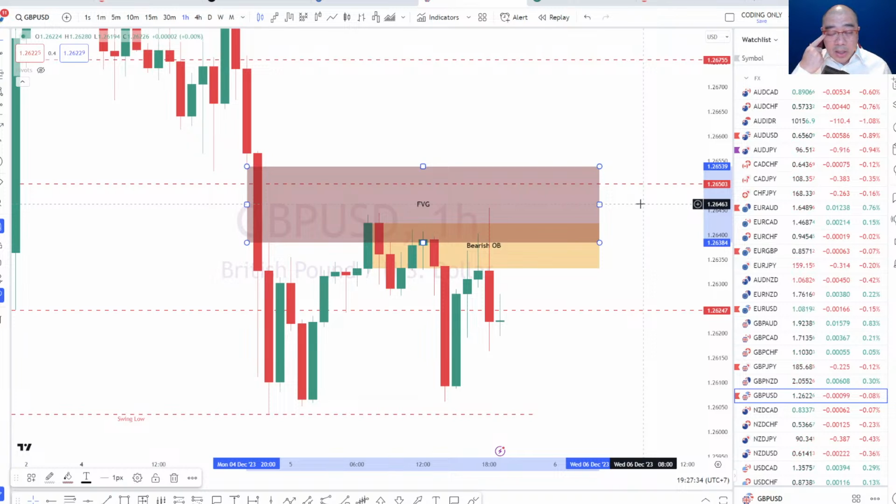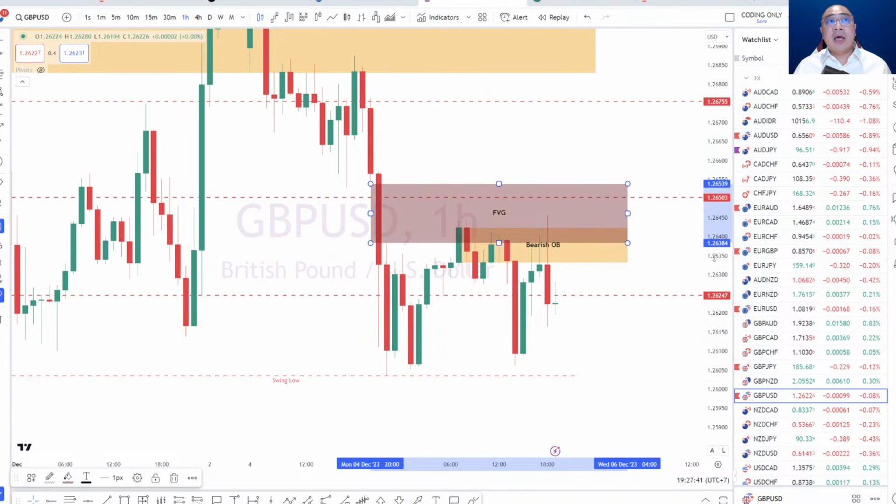And this is why the pressure is still there on the pound USD, because right now the status is that there's a fair value gap. The market has tested it, and it got rejected halfway through. The fair value gap is now a valid fair value gap. There's also a bearish order block at the top there, which is part of the fair value gap as well, and that's still capping the market from progressing any higher.